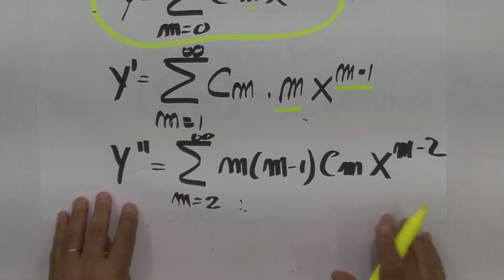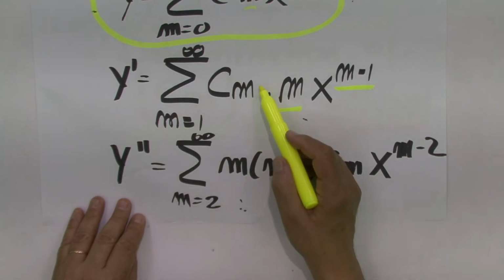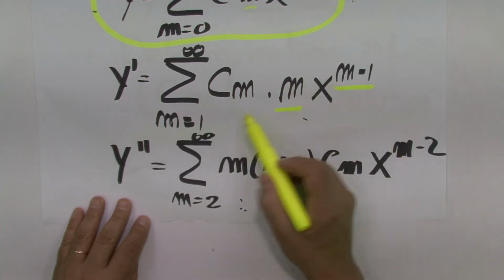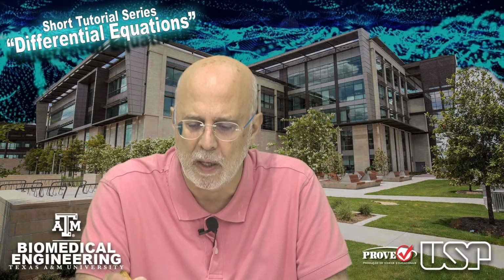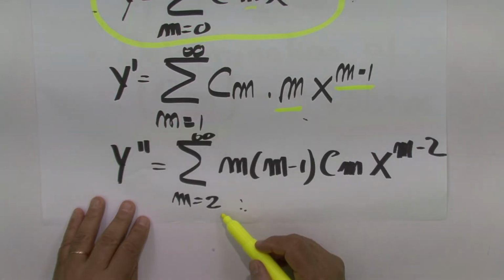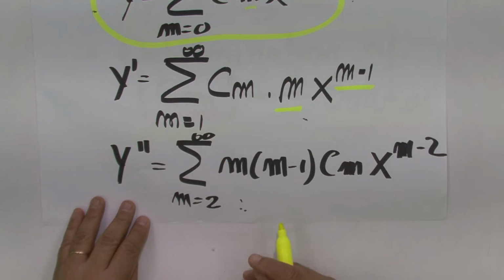And so on, the second derivative. The second derivative is taking the derivative of this. But then the term 1 will disappear, because now the term equal to 1 is a constant. So I start my series at m equals 2. I start at the second term only, or it will be the third term if I consider 0 as a term.